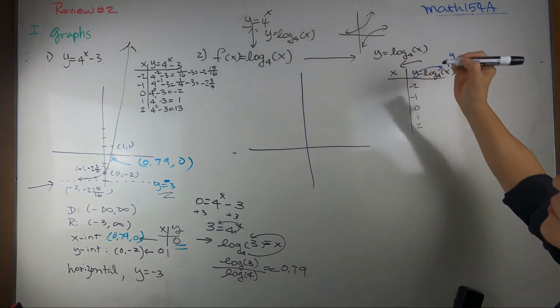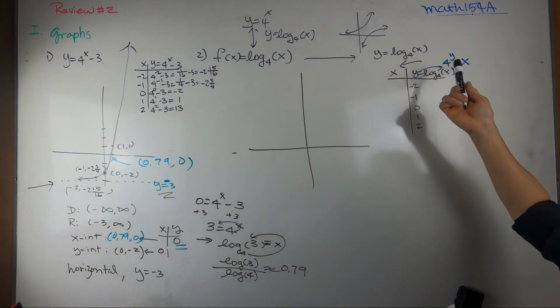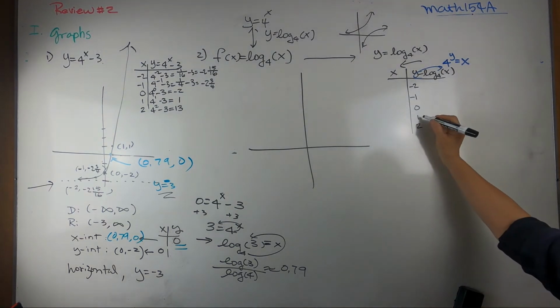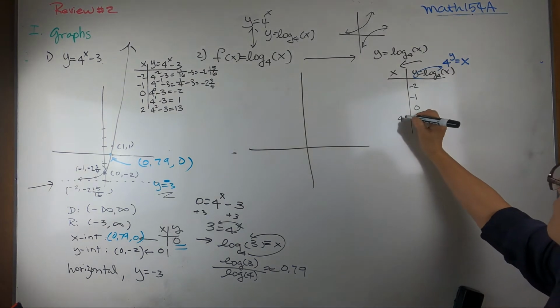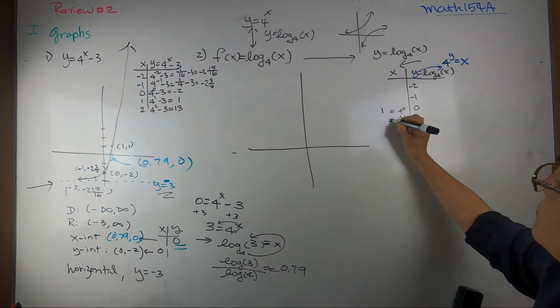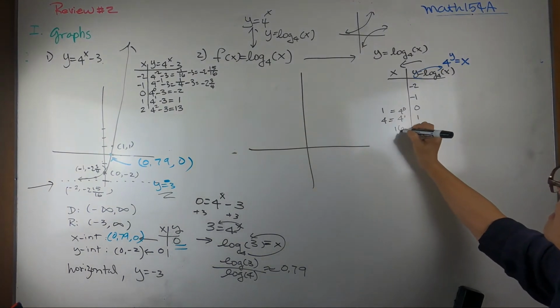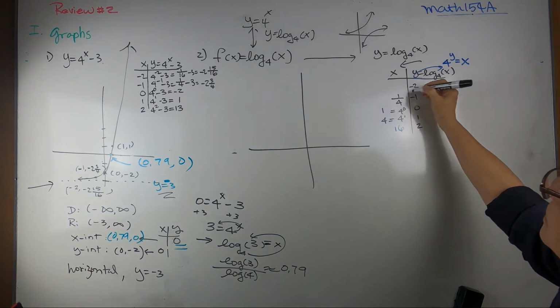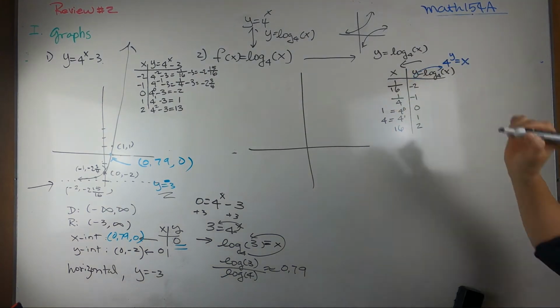So we go backwards, because log is backwards of exponents, right? So this one: 4 to the 1 power, 4 to the 0 power. So that would be 1, that would be 4, 16. 4 to the -1 power is 1/4.